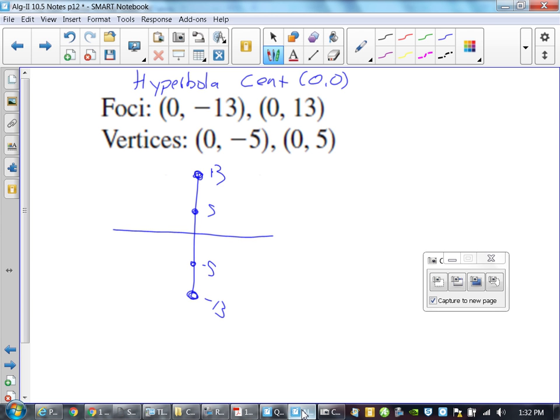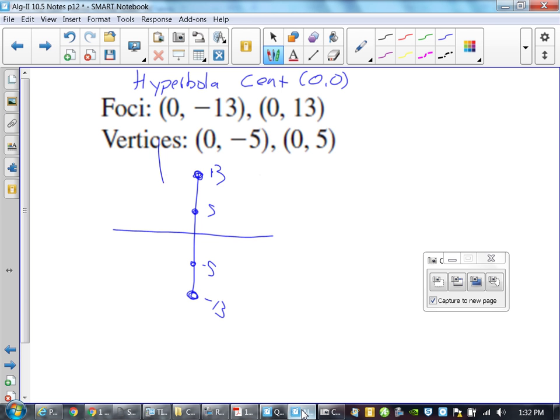So remember, vertices and foci, whether it's an ellipse, a hyperbola, or even a parabola, they're always going to be on the same vertical or the same horizontal line. Since they're vertical of one another, what direction is the hyperbola going? It's going up and down.